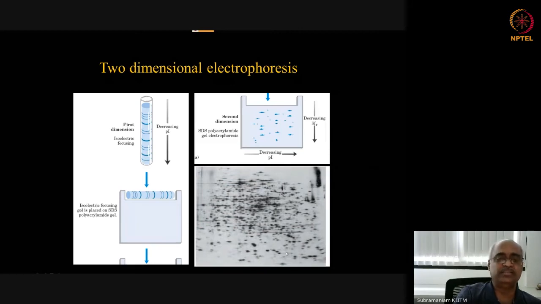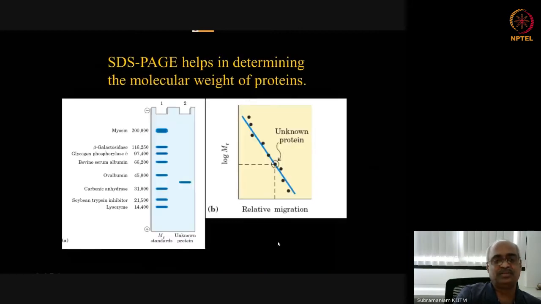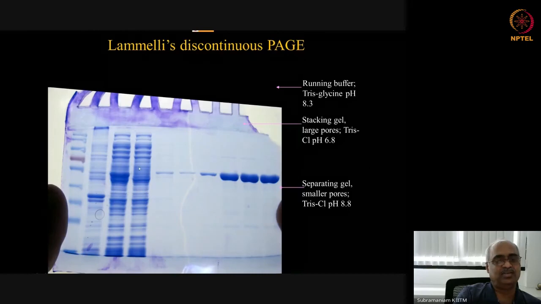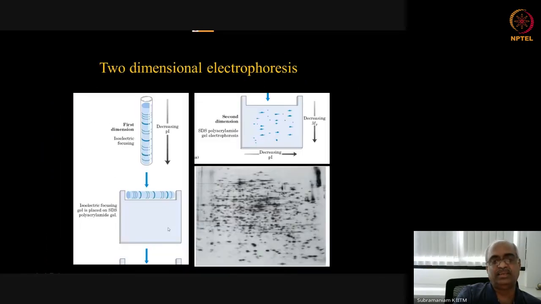And by doing this, instead of seeing a couple of hundred bands, now you see about 1,000 to 2,000 spots, and this is called two-dimensional electrophoresis.